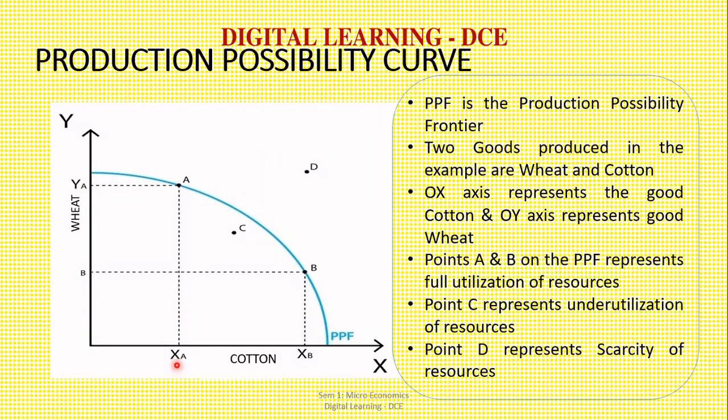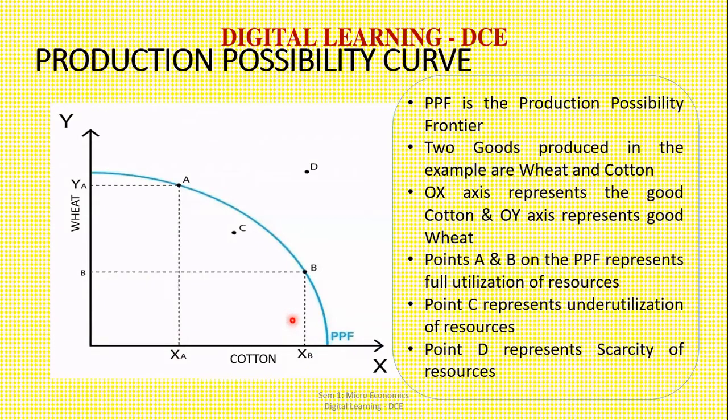But if one has to increase the amount of production of cotton from XA to XB, then what would have happened? Then we need to reduce the production of wheat from YA to YB. So in this case, the production of wheat has reduced in order to increase the production of cotton. And why is this happening?